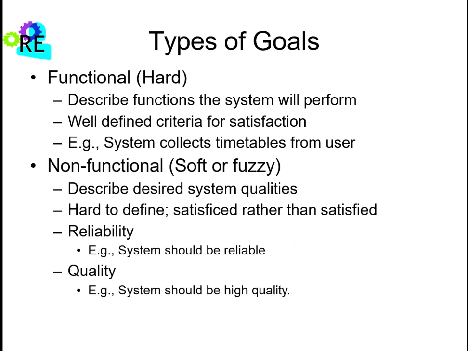Types of goals. Now we come to discuss the two major types. One is called functional goal and another is called non-functional goal. The functional goal is also called the hard goal, which describes the functions the system must perform, with well-defined criteria for satisfaction. For example, system collects timetable from the user.